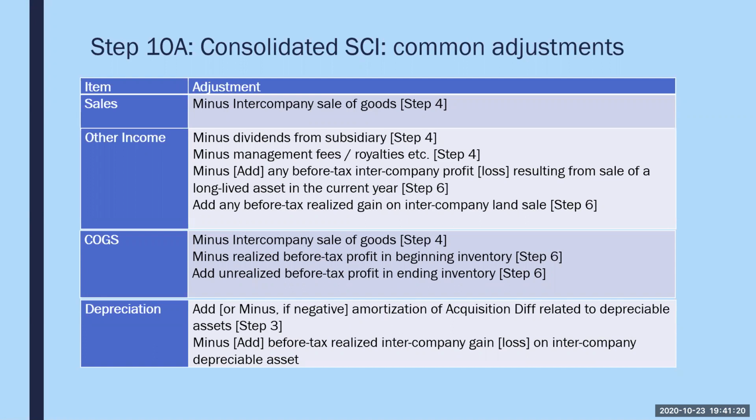It should just be for the depreciable assets, so equipment, buildings, and such like. Also from step 6, if any of the intercompany gain got realized, then we will subtract the amount of the realized gain from step 6. If there was a realized loss, we will add the amount, and that would be before tax.